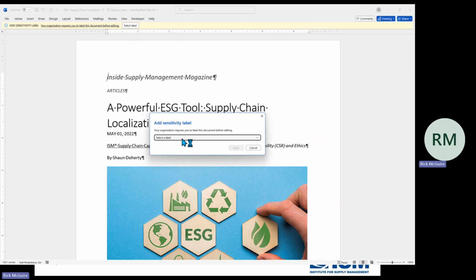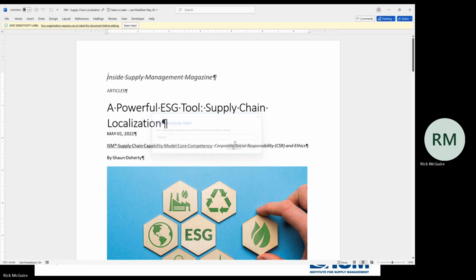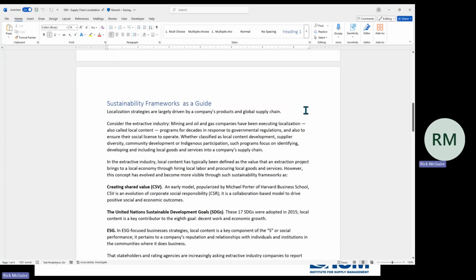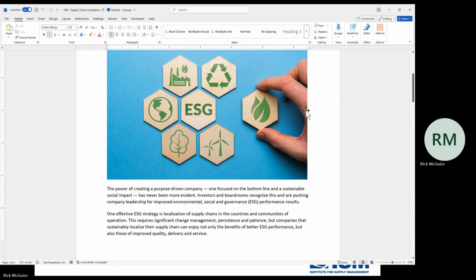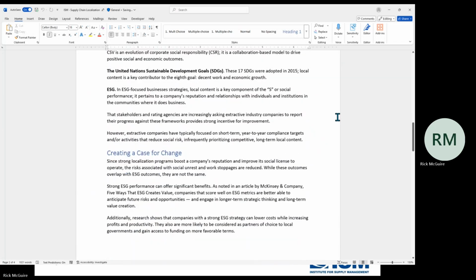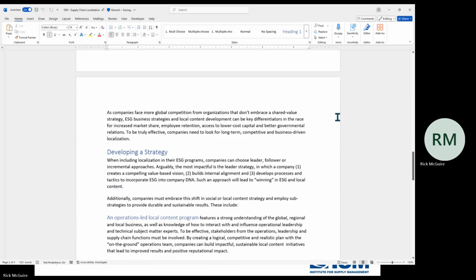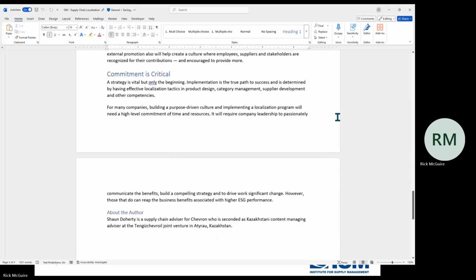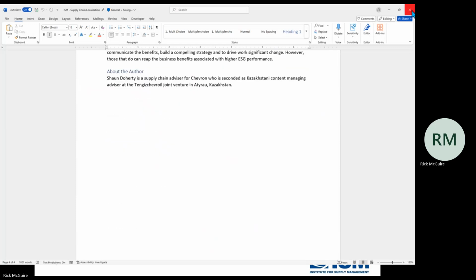So this is an article by Inside Supply Management, ISM, on supply chain localization. Come on. 3 pages long. There you go.